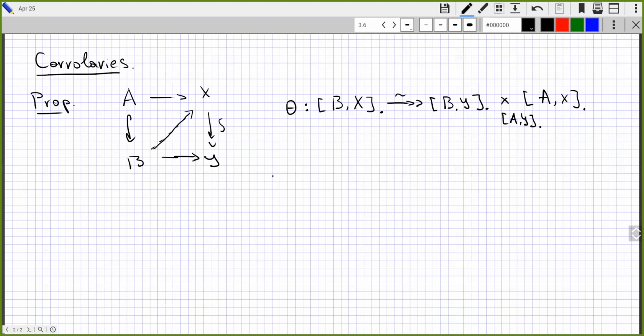So what is actually stated here? We got a fiber product on the right. So let's draw the corresponding square.